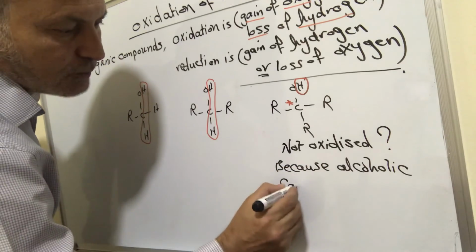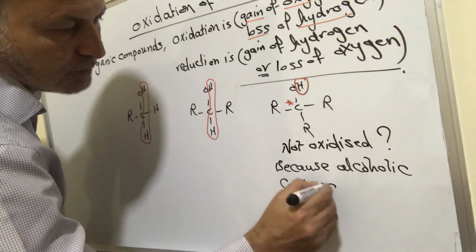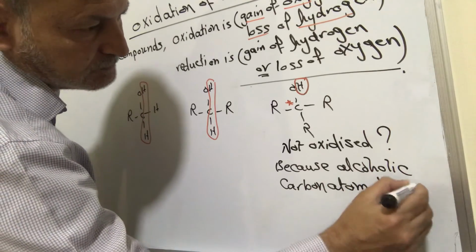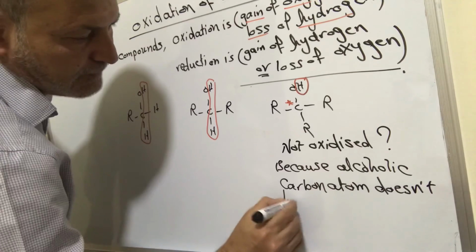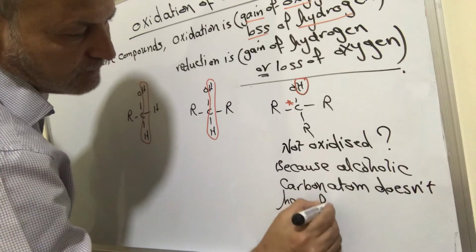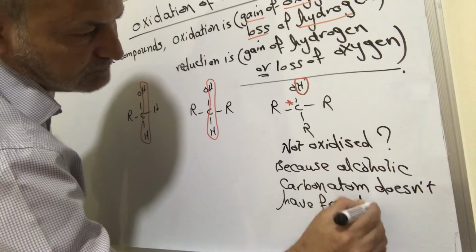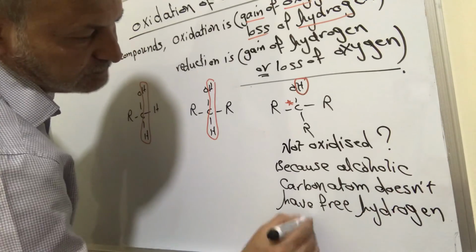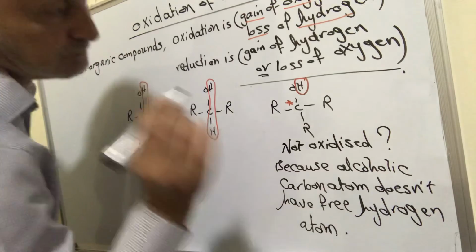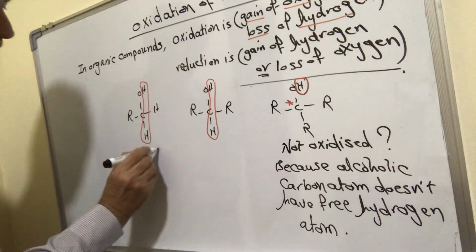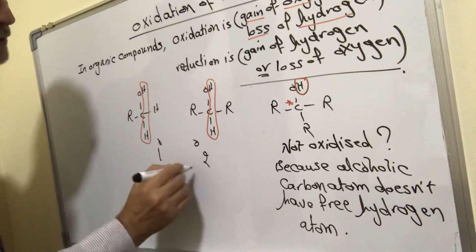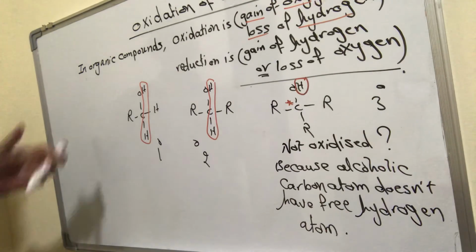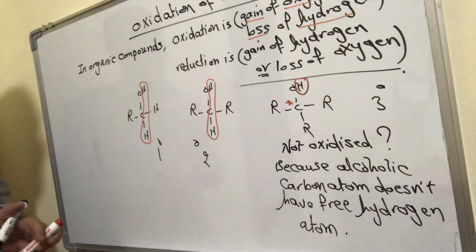Because the alcoholic carbon atom doesn't have a free hydrogen atom. So only the primary and the secondary are being oxidized, while the tertiary is not being oxidized. Because of that, this is the idea of oxidation of alcohol.